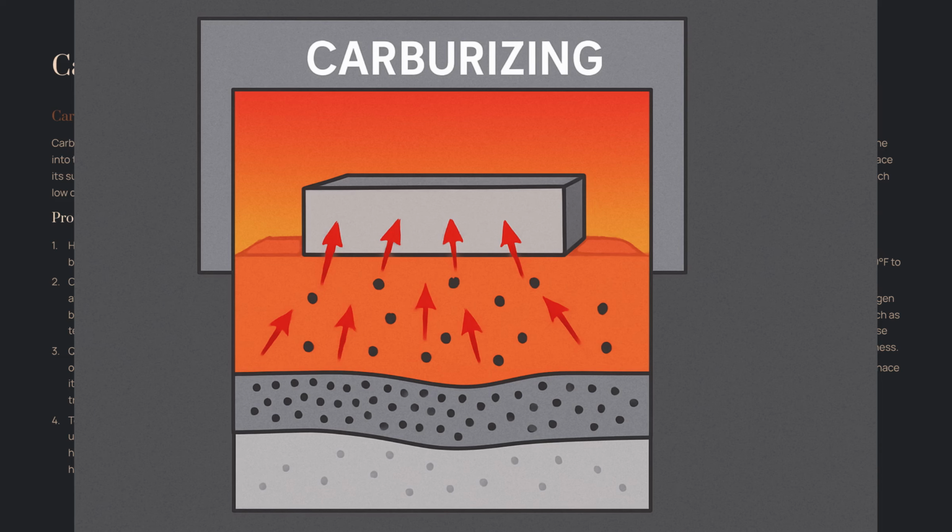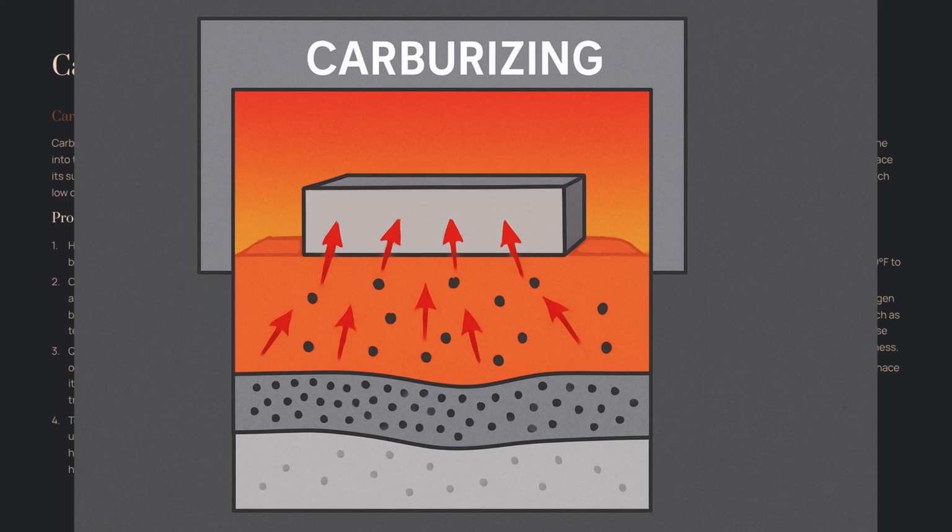Tempering. A low temperature tempering process, typically 150 degrees Celsius to 200 degrees Celsius, is usually performed after quenching to reduce brittleness and relieve stresses in the hardened case, improving its toughness without significantly reducing its hardness.